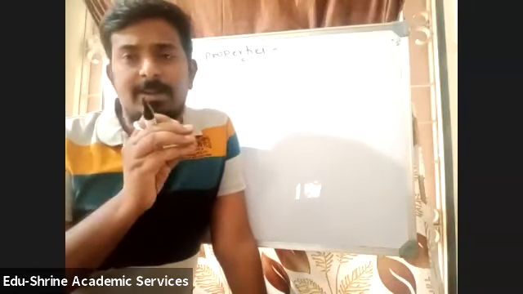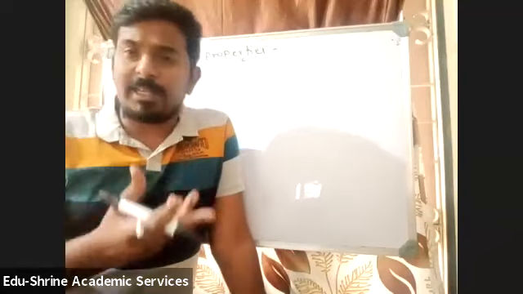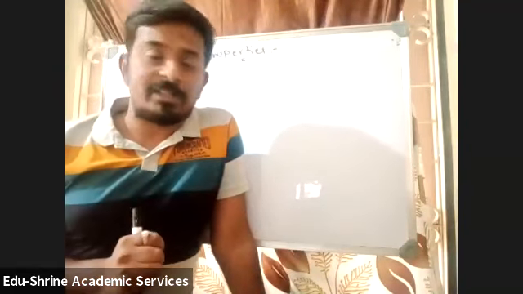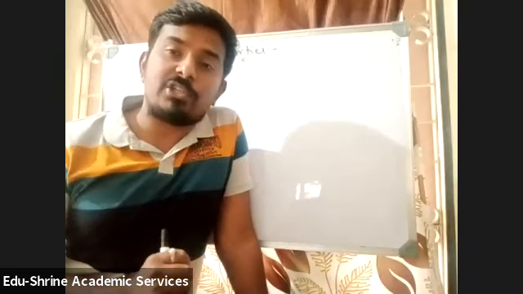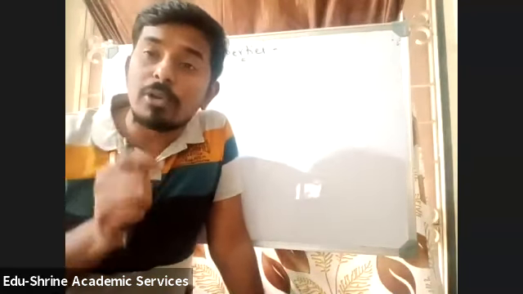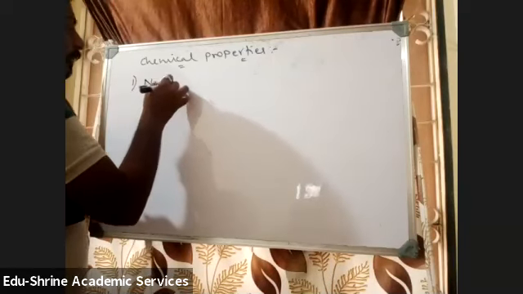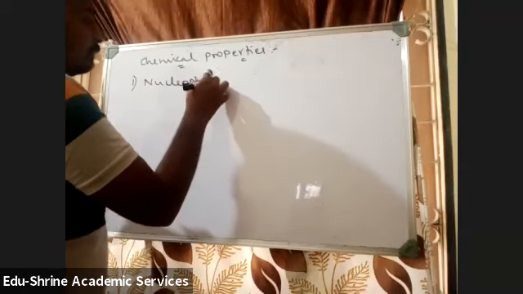So not only a particular type of reaction, these will be undergoing different types of reactions. Let us discuss one by one what all those reactions are. But the most common reactions of aldehydes and ketones are nucleophilic addition reactions.